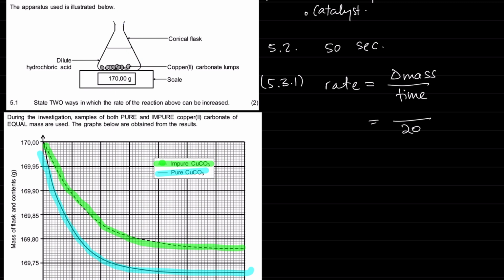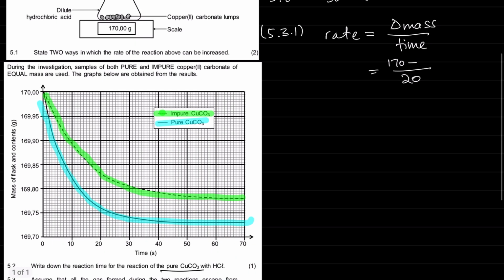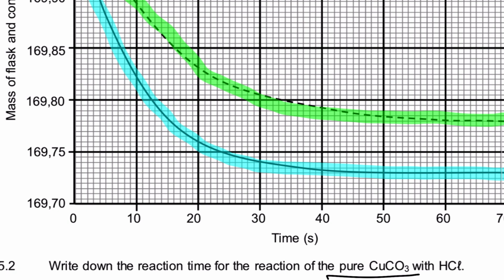Now, we need to figure out how much the mass changed by. The mass was 170, and at 20 seconds we don't know the mass, but we can read it from the graph, following the blue line at 20 seconds.